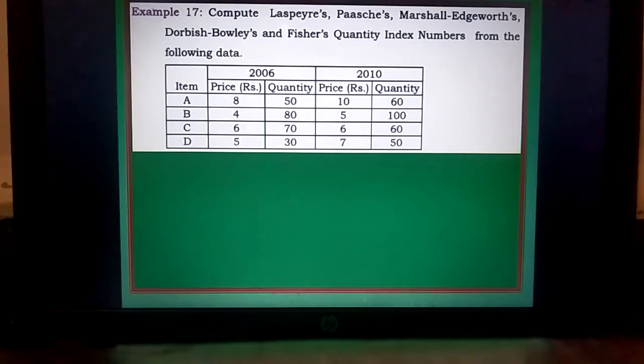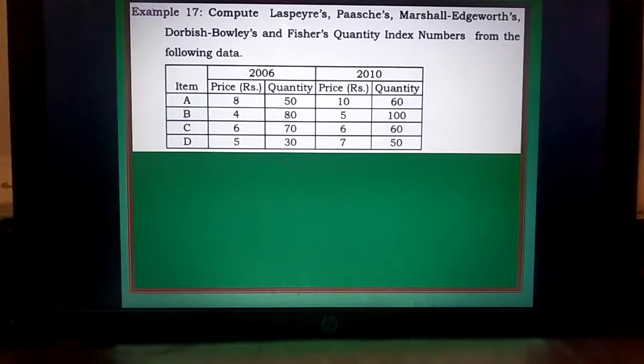Sometimes the students will not see properly this particular phrase, whether quantity index numbers have been asked or price index numbers have been asked. They will simply jump to conclusion to calculate price index numbers. That shouldn't happen once it is given quantity index numbers to be calculated.